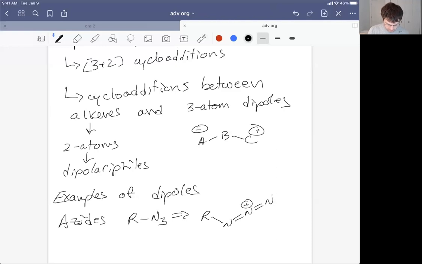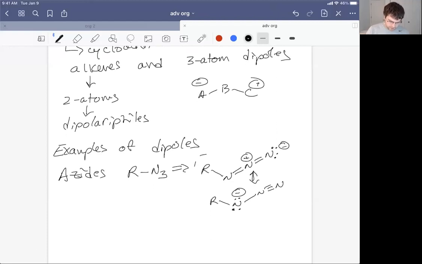It's a pretty potent resonance structure, but alternatively, we could have this resonance structure.